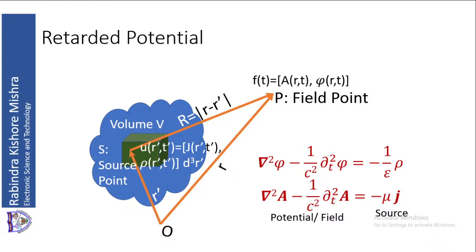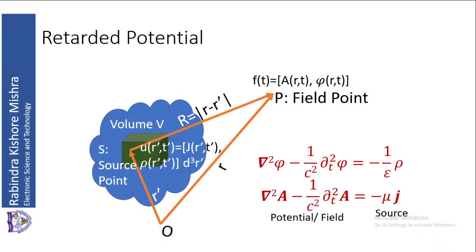So remember this, throughout this course, when we define a source, whatever may be its nature, the position vector of the source is always dashed. So we will use a dash to describe the position vector of the source. In this case, the position vector is R dash. From the origin, you connect to the center of the source. S is the source point. So from origin to S, that vector is R dash.